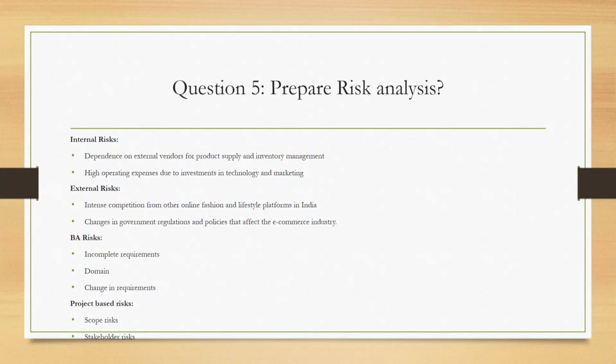For BA also there will be risk: incomplete requirements from the client people, and domain knowledge. If we don't have that domain knowledge, then it will be very difficult to complete that project. We need to research everything. And if we constantly get changing requirements, it comes under risk. We can't handle a change request every time. If one change request comes to us, we need to do so much research, prepare the documentation about it, go for approval, and then implement it in the project.